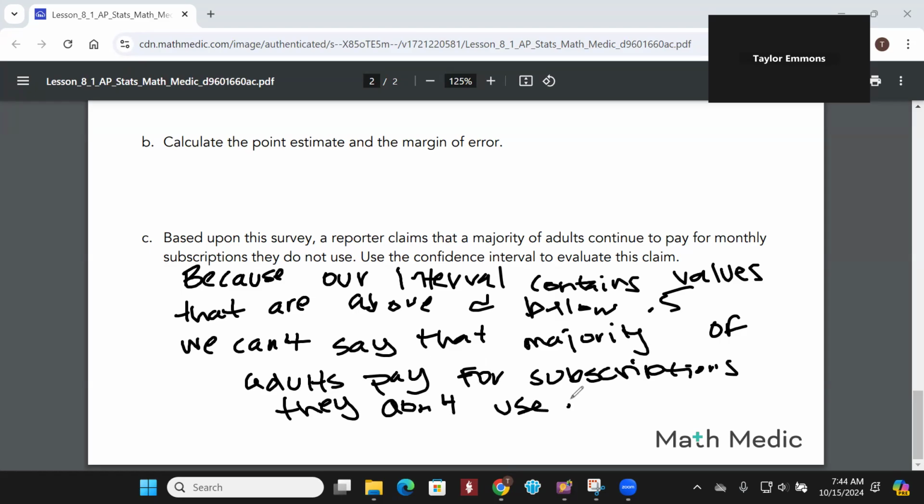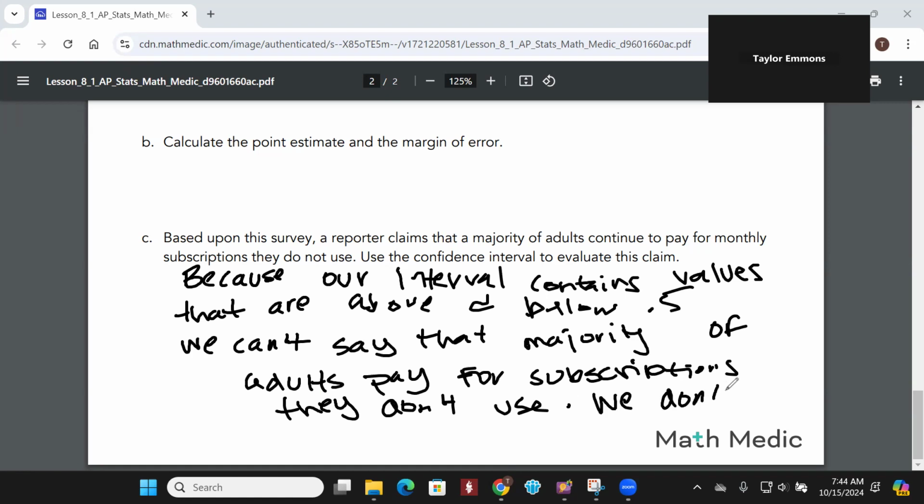Okay, our interval falls between 0.352 and 0.548. That is not more than 0.5, so it's not a majority. We can't say for sure that the majority of the adults pay for subscriptions. So we don't have convincing evidence.